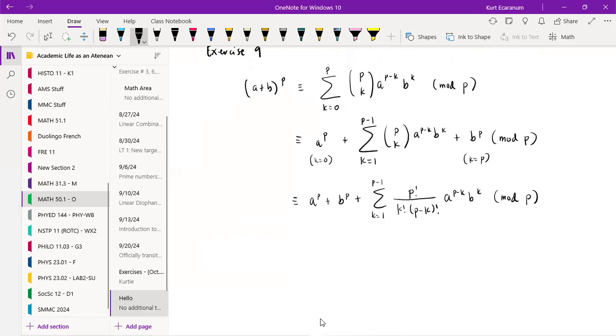And then also, ang magandang gawin dito kasi is, ang gusto ko is ma-factor out ko tong p from the p minus k.